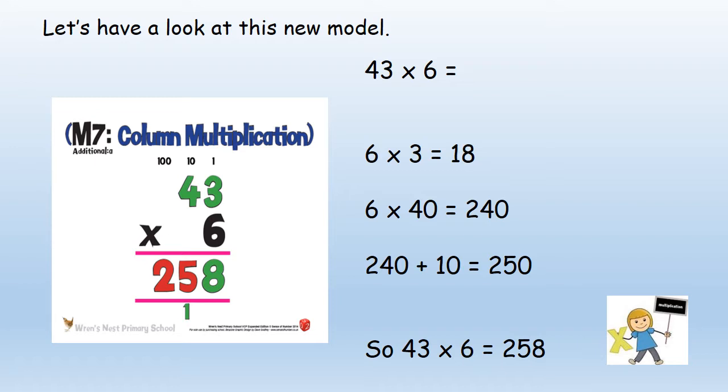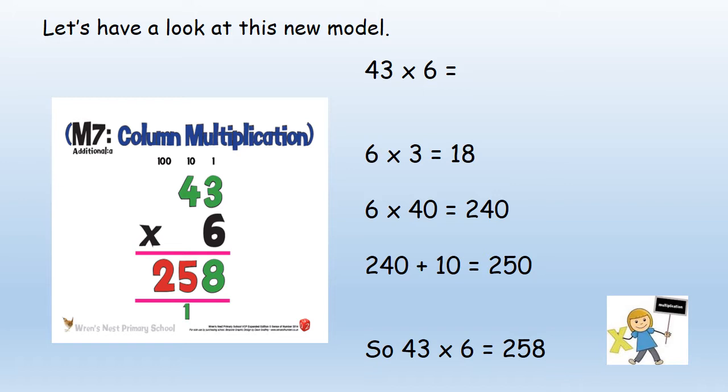Now this time, instead of writing the 18 down, we're going to partition it into tens and ones, which is 1 ten and 8 ones. The 8 ones we can write directly in between the equals lines in the ones column, but that 10 we have to remember and write it below the line.